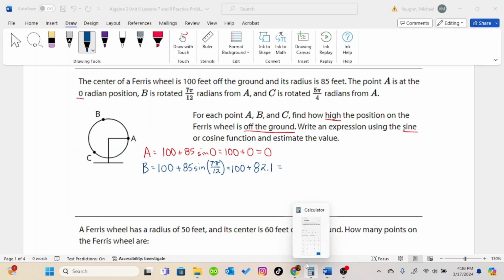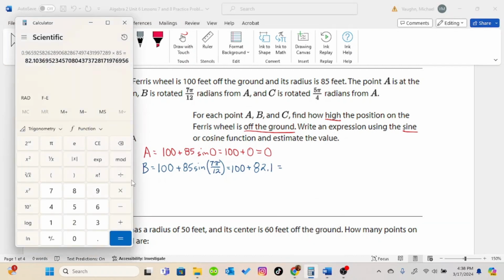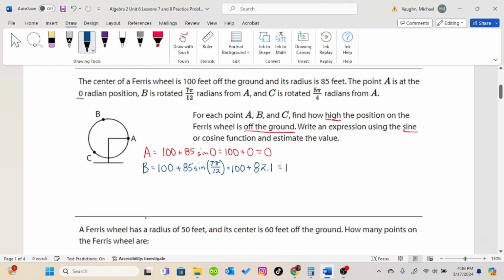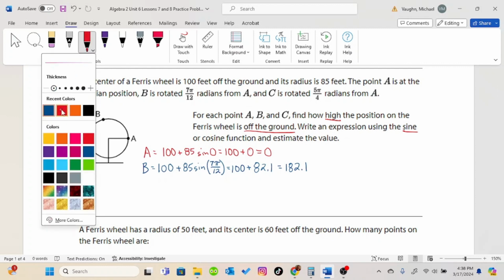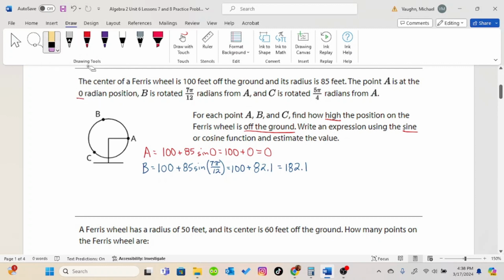And now we add that to 100, and we get 182.1. And I just noticed I wrote this down wrong on point A. 100 plus 0 is 100, not 0.